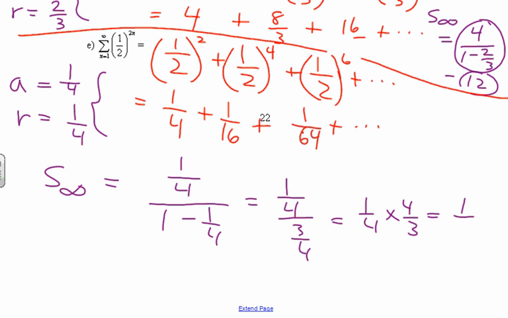So believe it or not, this one actually goes to a limit of 1/3, which is strange because there isn't any 3's in it anywhere. But if you took your calculator right now and did 1/4 plus 1/16 plus 1/64 and so on, you'll get closer and closer to 0.3333. All right?